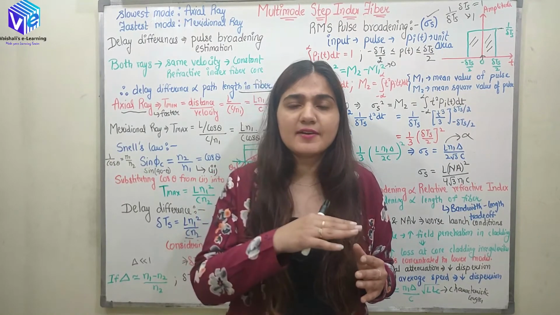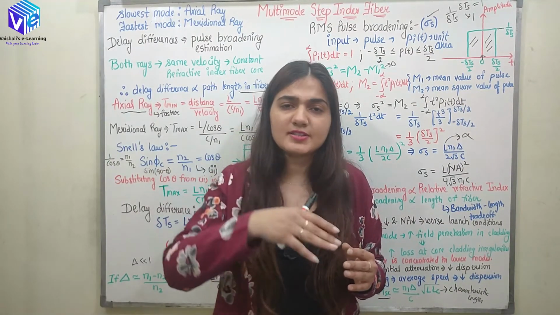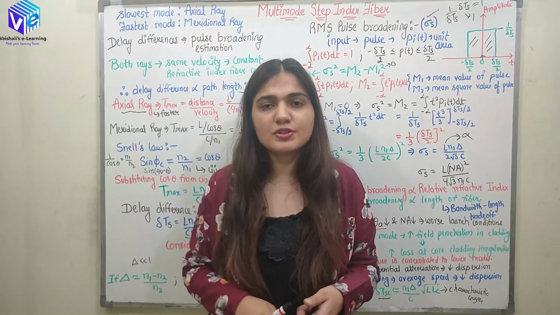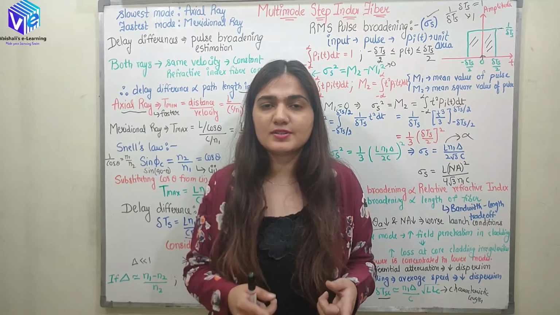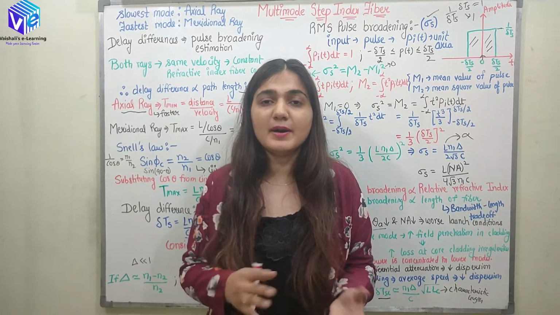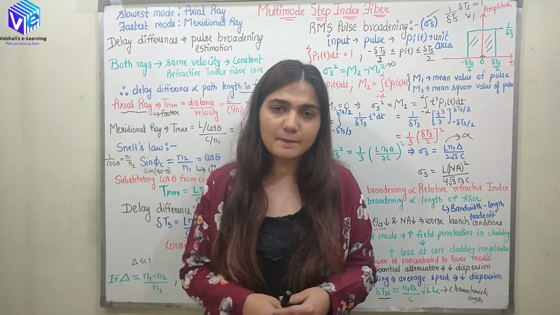The axial ray travels at a slower speed and the meridional ray at a faster speed, which is happening in the gradient index fiber, that I am going to discuss in the next video. So we are going to discuss the reduction in dispersion in the multi-mode gradient index fiber in the upcoming video.